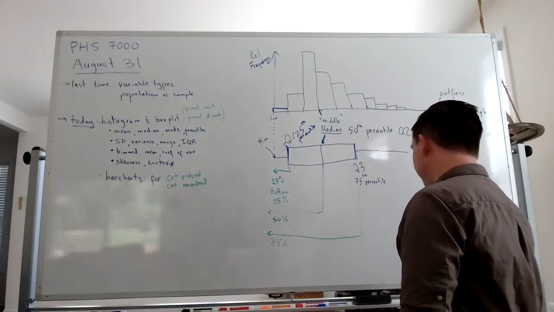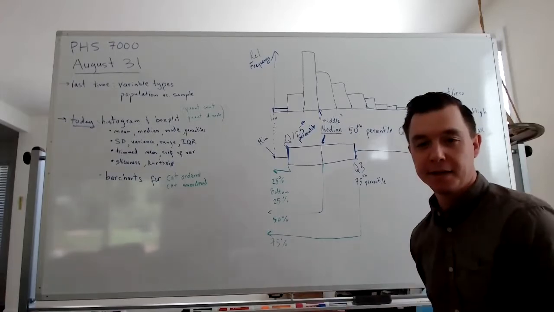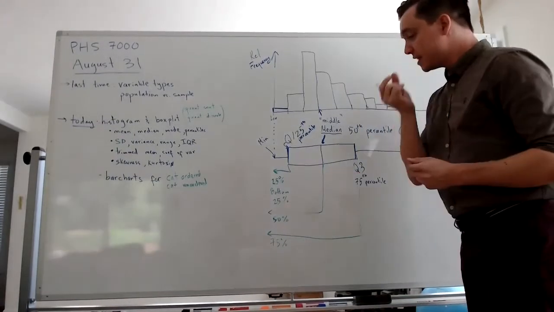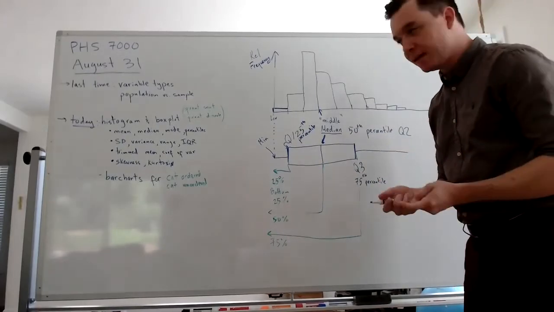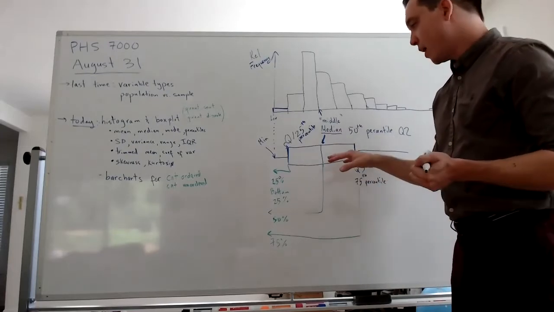And then, of course, if I had a line for the maximum, then 100% of the data is going to be below the maximum.